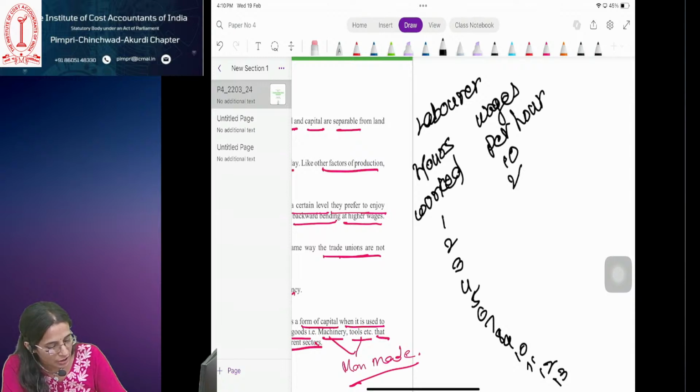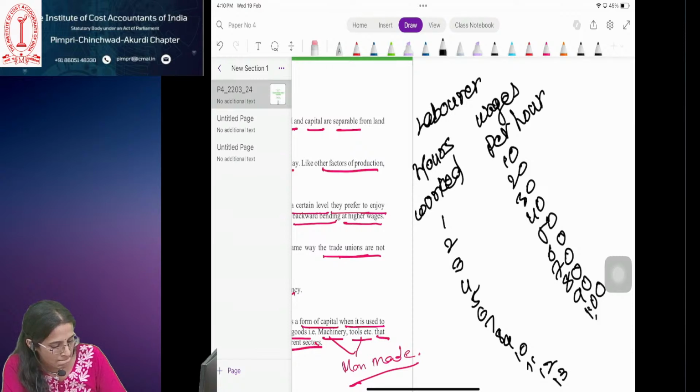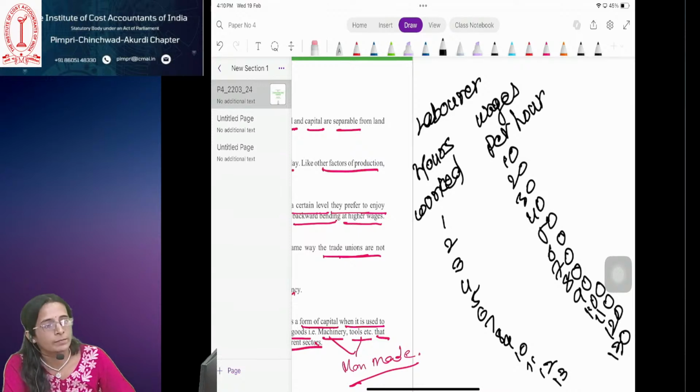It goes 10, 20, 30, 40, 50, 60. So they have explained the same concept which we had discussed, but we will discuss it again. There are hours worked and there are wages per hour.